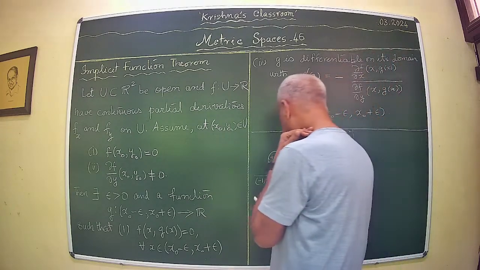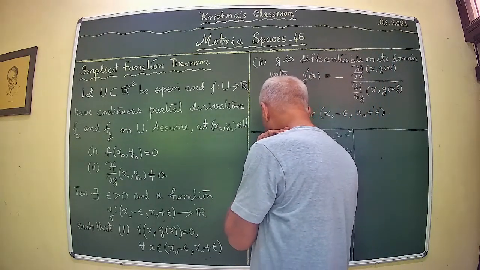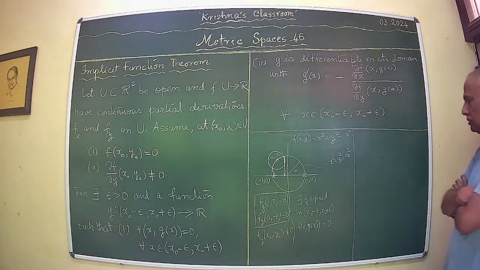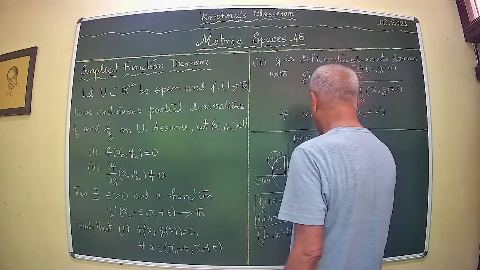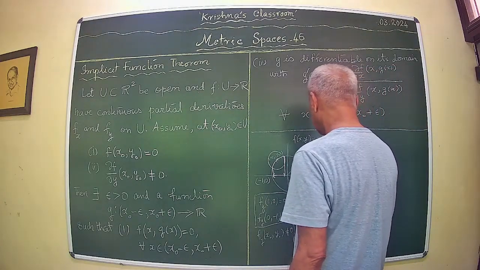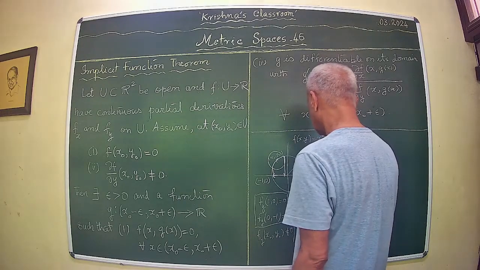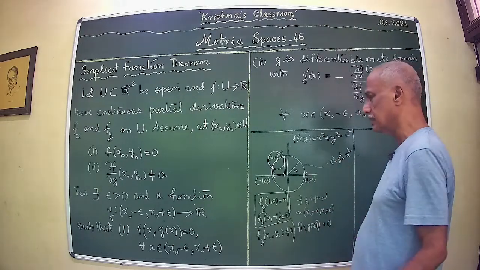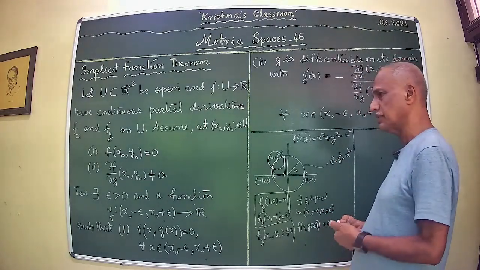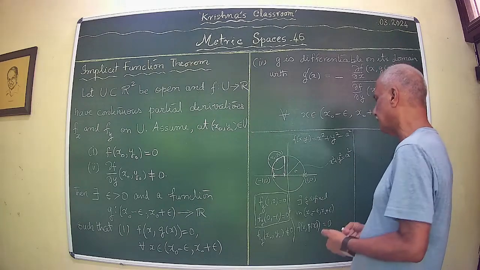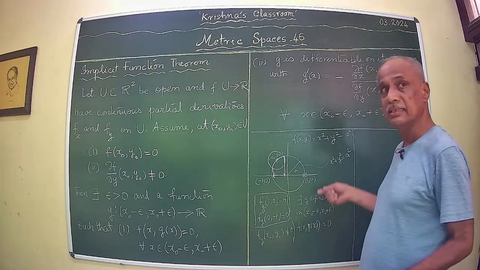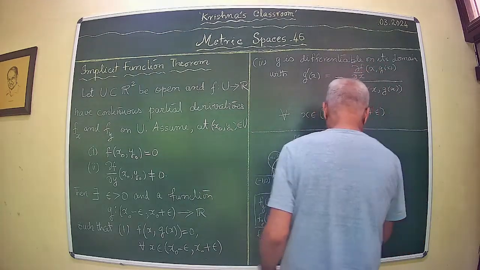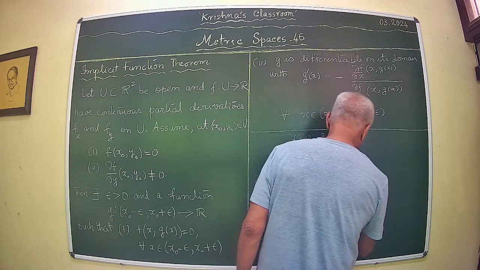Now there the crucial condition is this, and what happens at the points (1, 0), (0, 1) and (minus 1, 0)? No matter how small a neighborhood you take, you will see that this arc, that is relevant to be written as y as a function of x, fails to be a function, because you see that this is the sort of situation that you have.